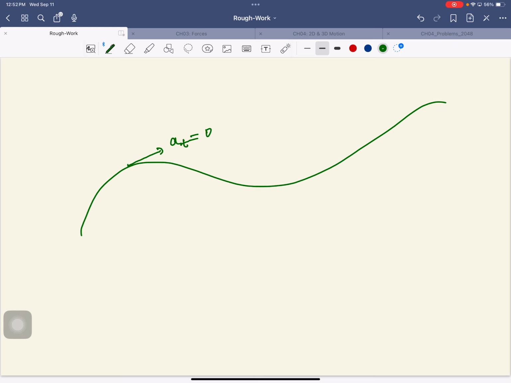Tangential acceleration will be 0. But here's the velocity.